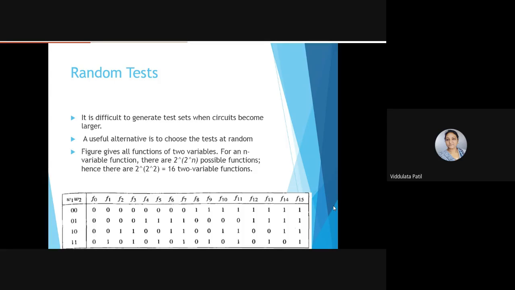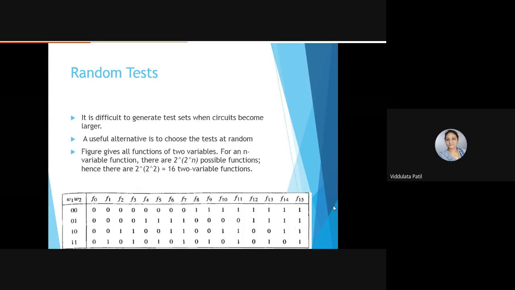Now again, I am saying that my input is 0, but at the same time, because of a stuck-at fault or whatever the reason, the value may be either 0 or 1. Similarly, even though I am saying that the input is 1, it may be either 0 or 1.